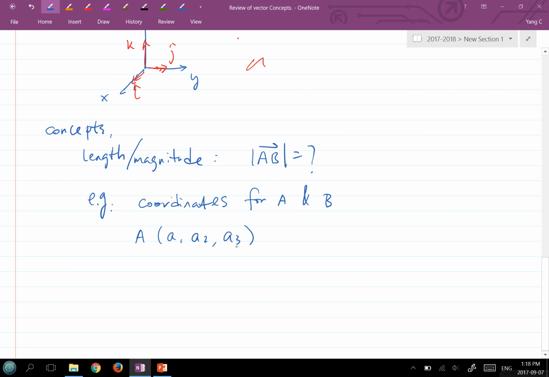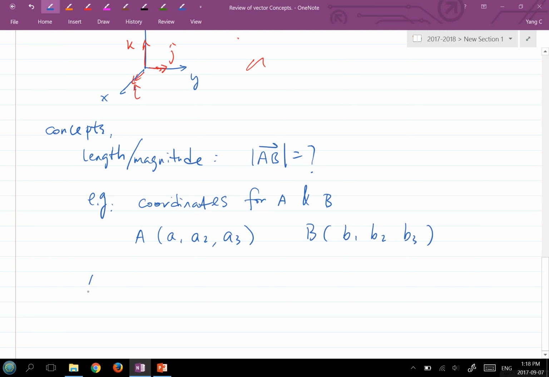That'll be my coordinate information. Same thing for B. Based on the coordinates, you can calculate the vector AB, and also the length of AB.